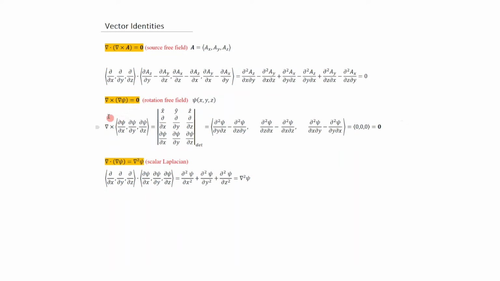So we said that any irrotational field can be represented by a vector field related to grad psi, and any source-free field could be represented by a vector of the form del cross A, where this A we called a vector potential, and it had, of course, x, y, and z components. The last one here is just a scalar Laplacian. It was an example we looked at because quite often you see the symbol. What does it mean? Well, this is effectively the operations that are performed to get to this final result.